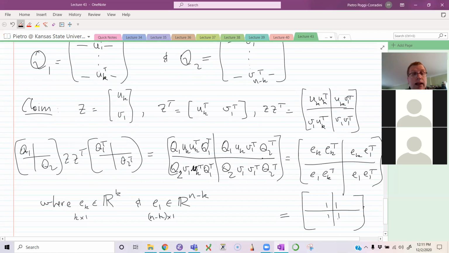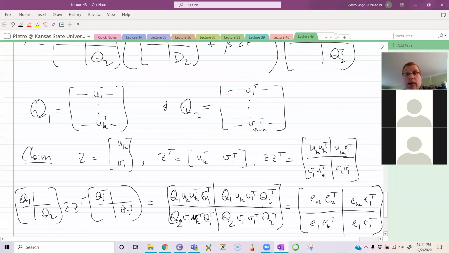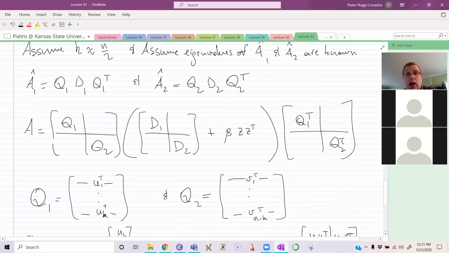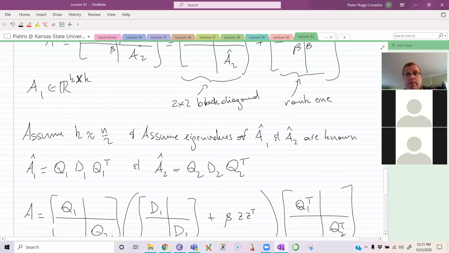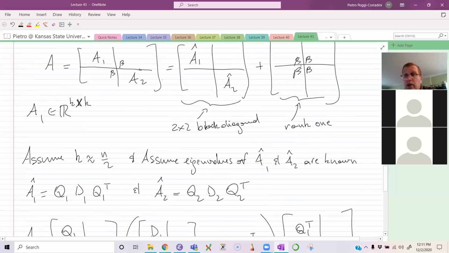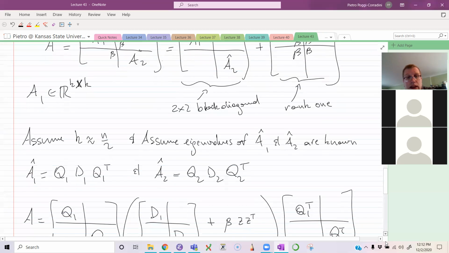That makes sense? Yeah. So then with the beta, you get exactly what you wanted back. This matrix here, this rank 1 matrix. All right, so that's that.